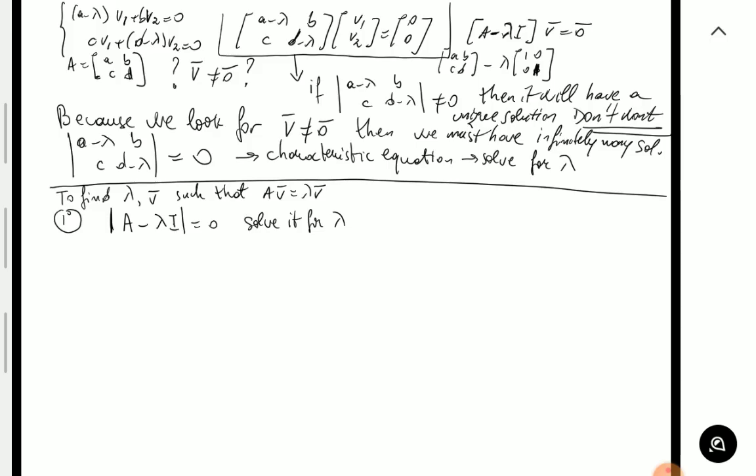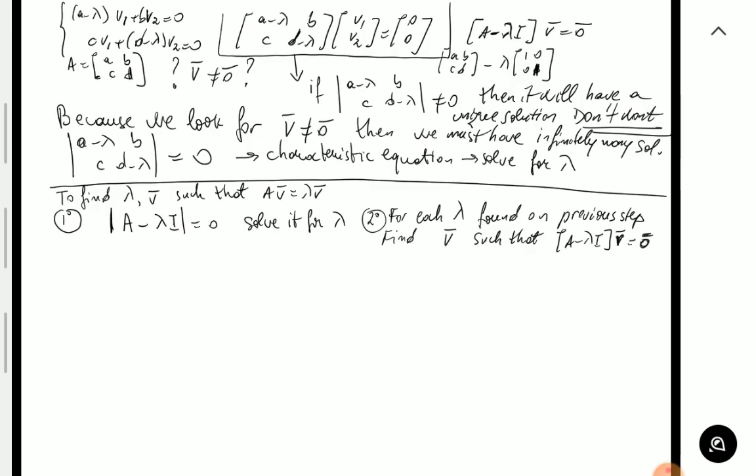And then in the second step, for each lambda found in the previous step, find the vector v bar such that A minus lambda I times v bar equals 0 bar.